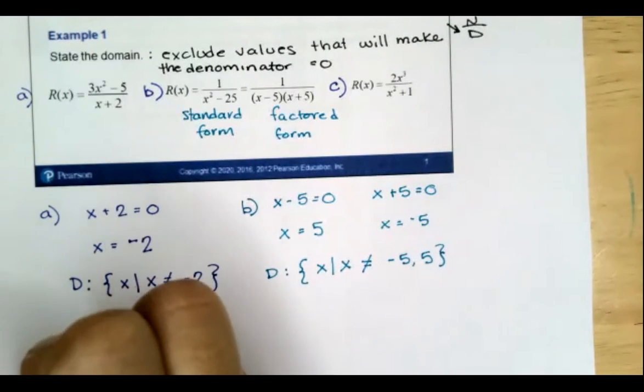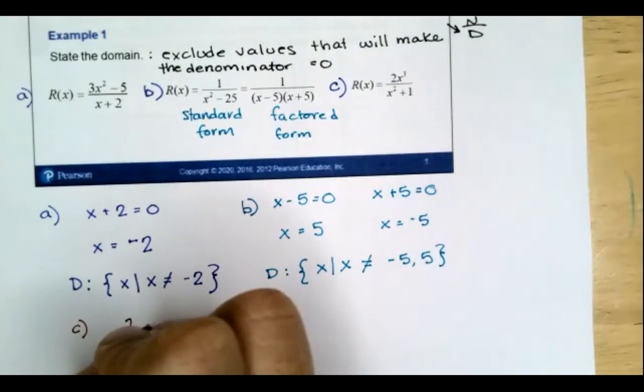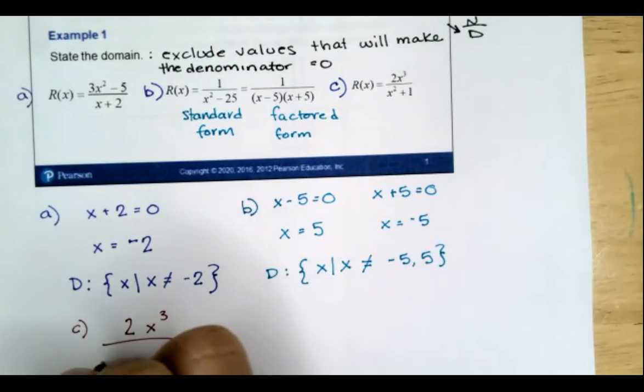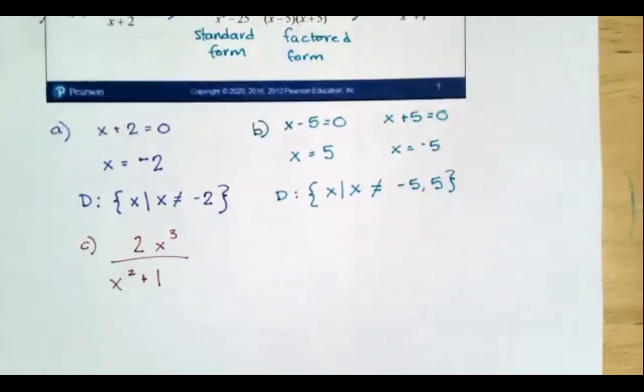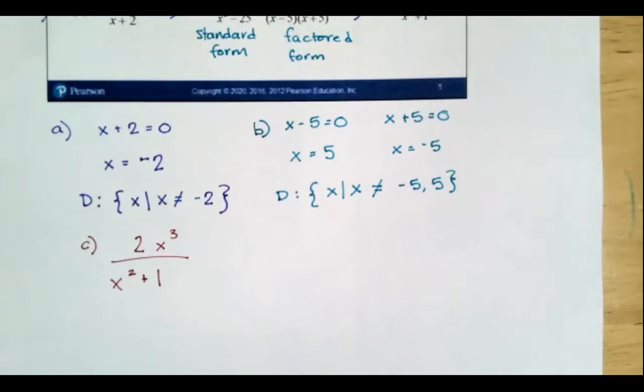Letter C, we have 2x to the third over x squared plus 1, right? What value can you square and add 1 to it to make it 0?